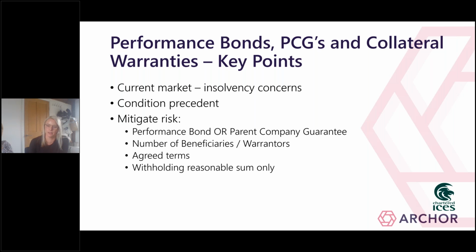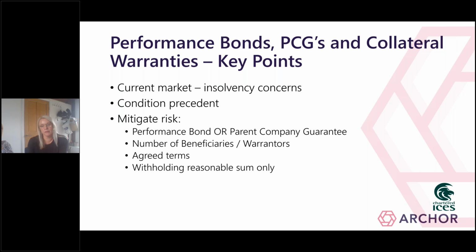Provision of a PCG will obviously depend on how the company is structured, but will also be reliant on the parent company being prepared to give the guarantee. In terms of a performance bond, the contractor will need a bond facility to be able to provide that bond, and the surety will have to have agreed to provide the bond in the required terms. And as we mentioned earlier, that can be incredibly difficult at the moment.